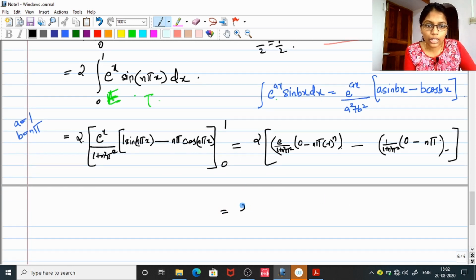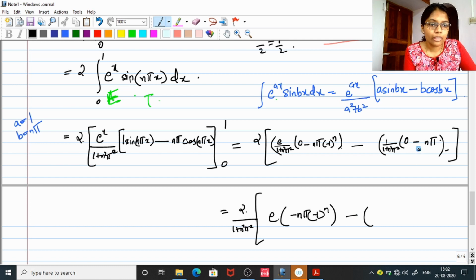Now, reducing it, you get 2 into 1 plus n square pi square, and 1 plus n square pi square is common, so I can take it outside. Inside it is e into negative n pi, negative 1 raised to n minus, this is taken outside, so we are left with negative n pi, isn't it? Negative n pi.